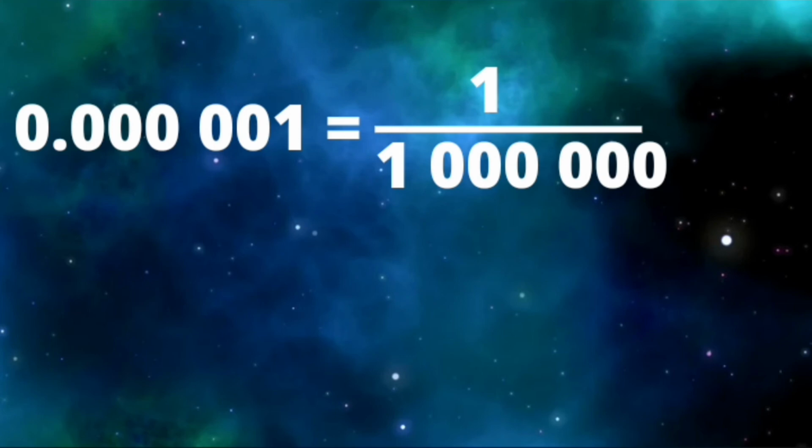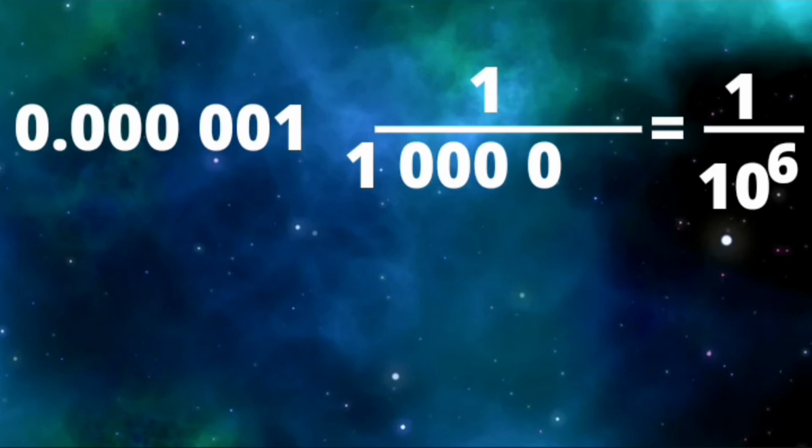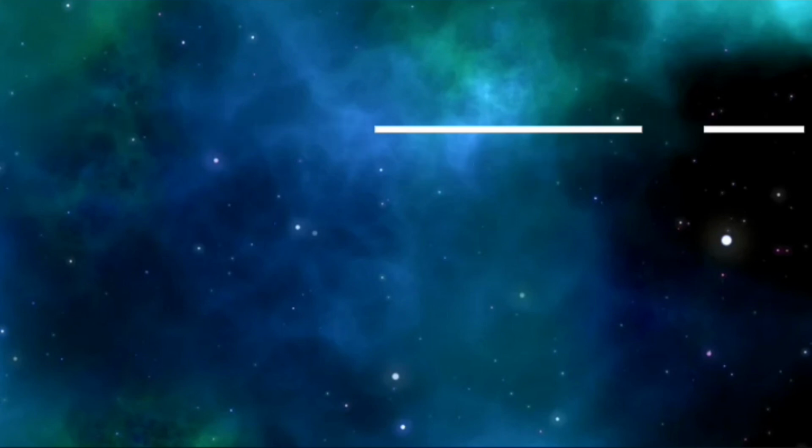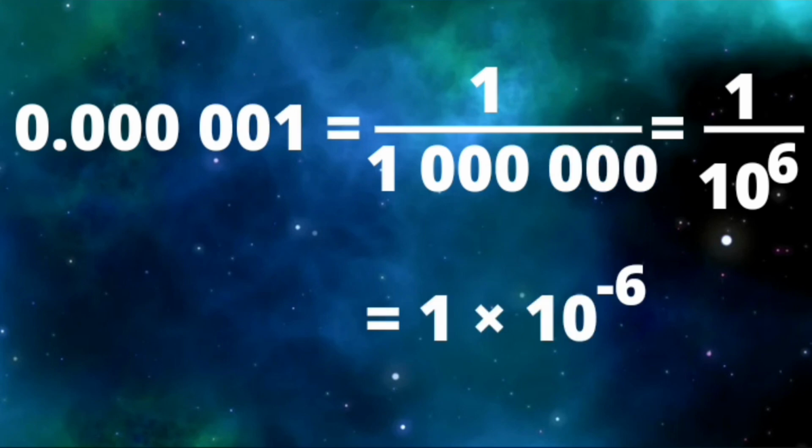And 1 million can be written in short as 10 raised to power 6. So this will be equal to 1 all over 10 raised to power 6. We can express this in standard form by taking the numerator, which is 1, and multiplying it by 10 raised to power minus 6. Take a look at this example.